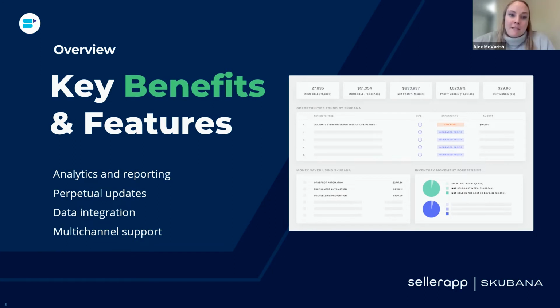So, some key benefits and features. Analytics and reporting. With quality analytics and reporting, not only can you understand your sales channel performance and customer habits, but you can get clarity around your cost of goods, your working capital, and your ongoing replenishment. A good inventory software, like Skubana, presents this data in an applicable and accessible way so that you can easily leverage it to your advantage.